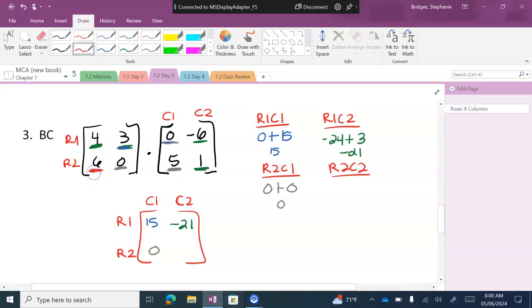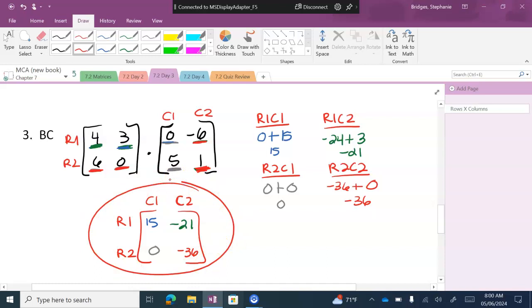Row 2, the first term, 6 times column 2, the first term, negative 6. That's negative 36. Then we go across, 0 times 1 is 0. And that's going to give me negative 36 for row 2, column 2. Everybody okay with that?